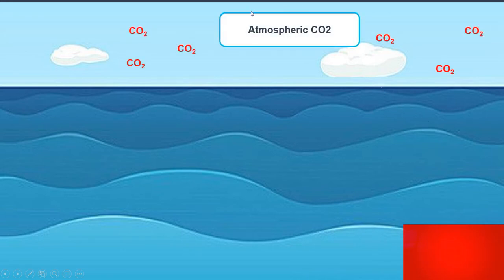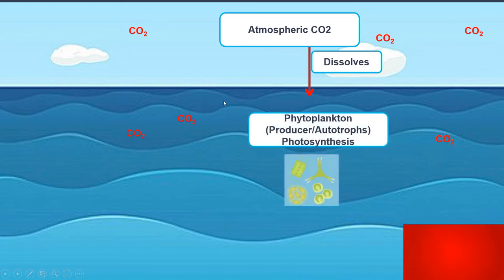So we have this atmospheric CO2, and as I said, some of that CO2 is going to dissolve into the water. If you've ever noticed the bubbles in your Coke cans, that is dissolved CO2 in your soda. Same deal, that gas will go into the water. And just like on land, it's going to be picked up by the resident producers and autotrophs.